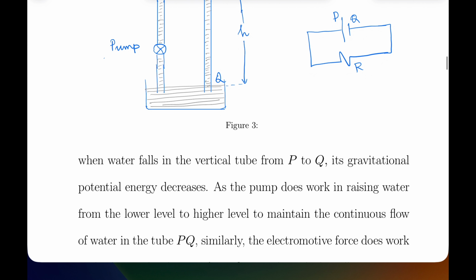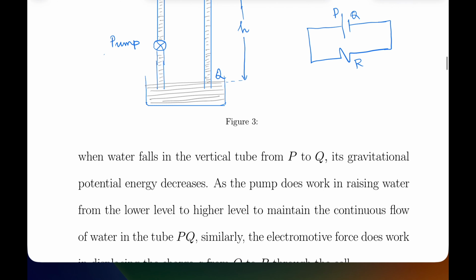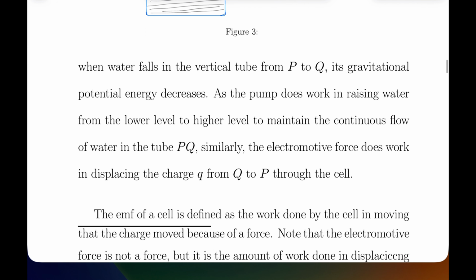So in figure 3, when water falls in the vertical tube from P to Q, its gravitational potential energy decreases as the pump does work in raising water from the lower level to higher level to maintain the continuous flow of water in the tube PQ. Similarly, the electromotive force does work in displacing the charge Q from Q to P through the cell.